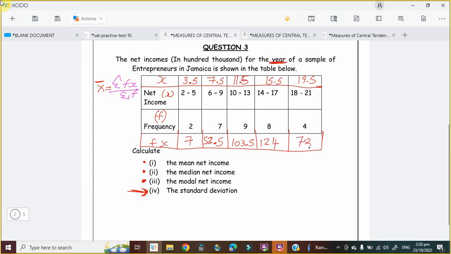So now we can go ahead and work out the mean by adding up f times x.